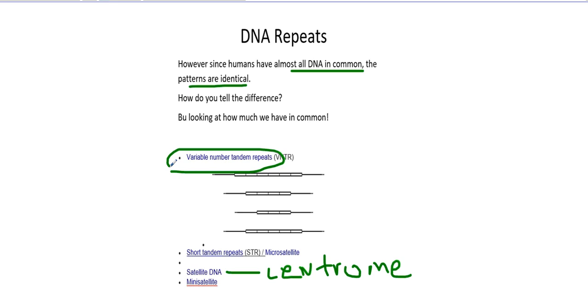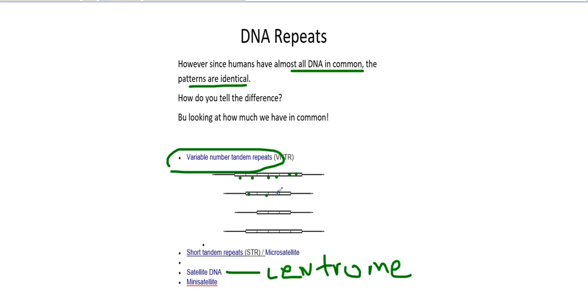We all have the same sequences of DNA, but for some reason in our junk DNA, 90% of our DNA, these big hunks of DNA just keep repeating. So you have a certain base code, and it just keeps repeating over and over and over again. But some people might have 1, 2, 3, 4, 5, 6 of them.